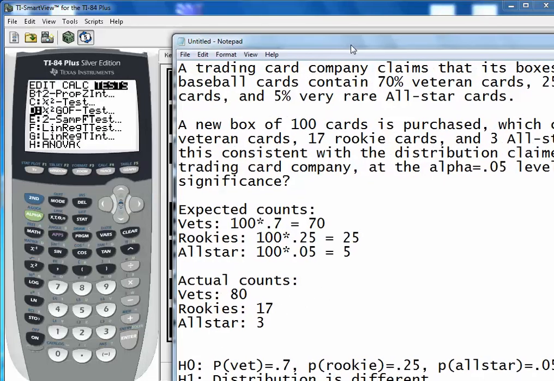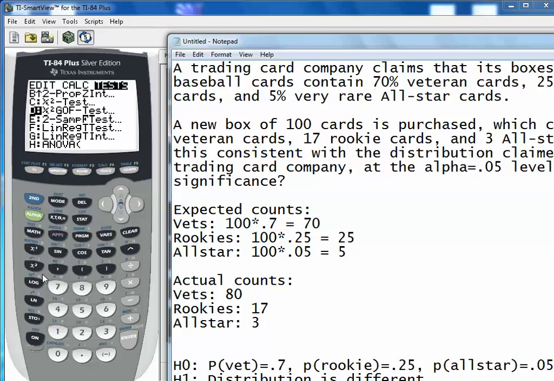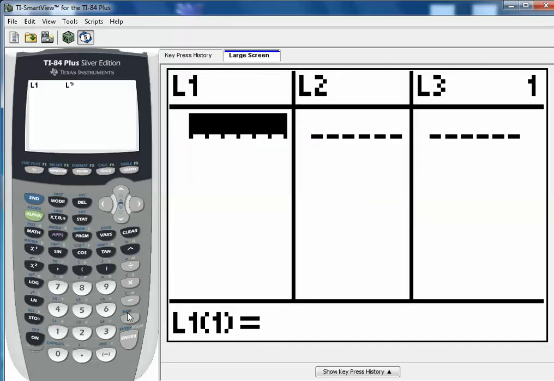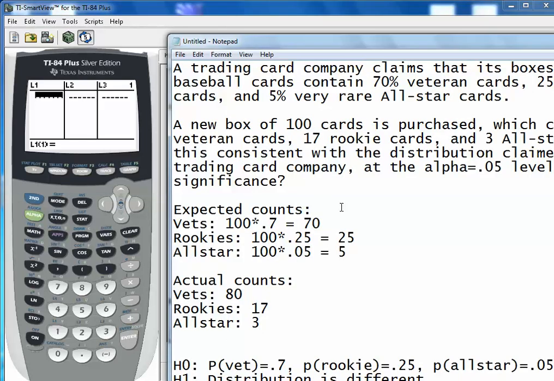So where does this go? Well, it goes in L1 and L2. If I go to Stat Edit, I want my observed count to go in L1, and the expected count is going to go into L2. So L1 is going to be my actual counts, and I'm going to keep track of which is which: vets, rookies, all-stars.